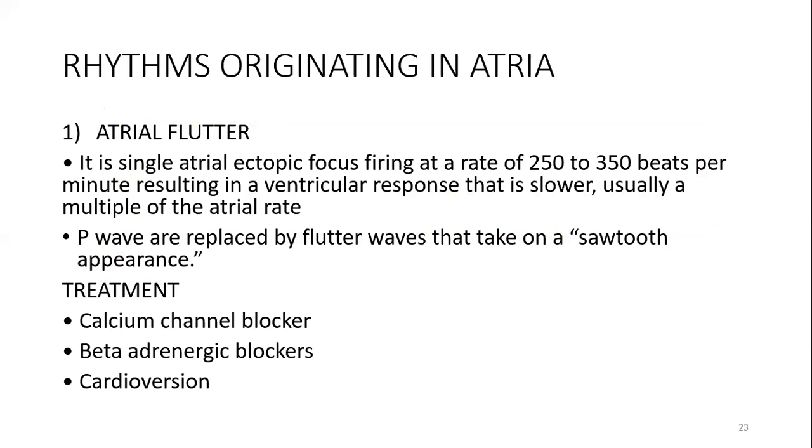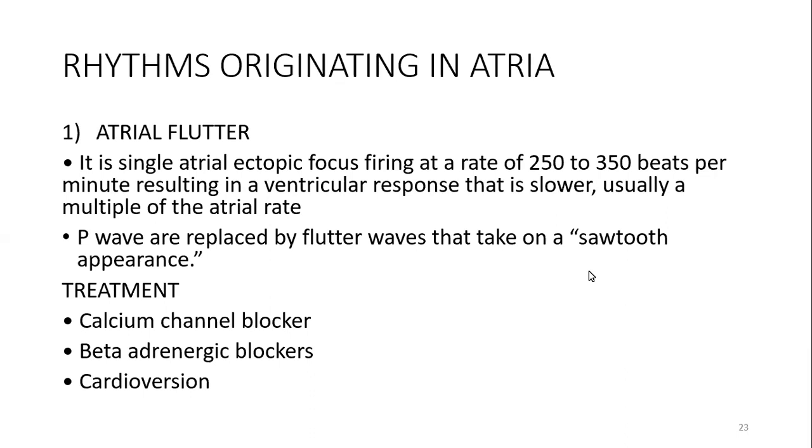So for rhythms that originate in the atria, the first one we'll be talking about is atrial flutter. Here there's a single atrial ectopic focus that fires at a rate of 250 to 350 beats per minute, and it results in a ventricular response that is slower, usually a multiple of the atrial rates. You know that we said the AV node is like a rate limiting step.